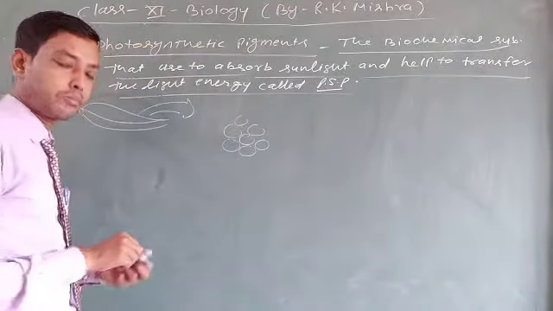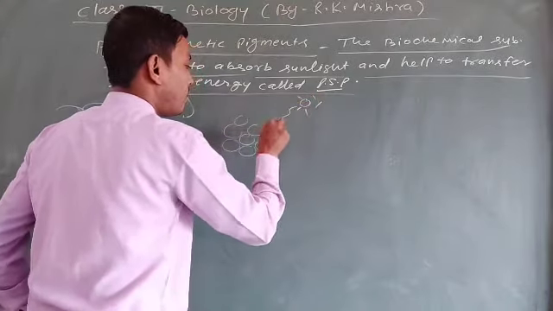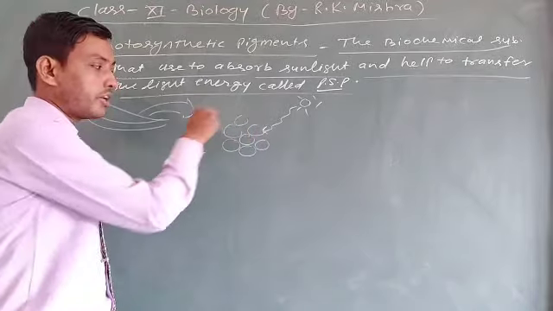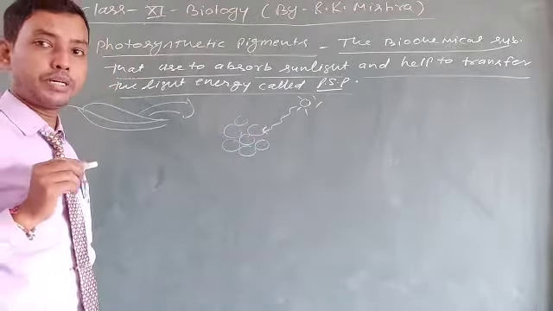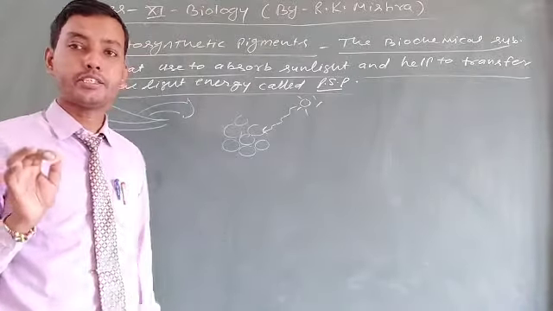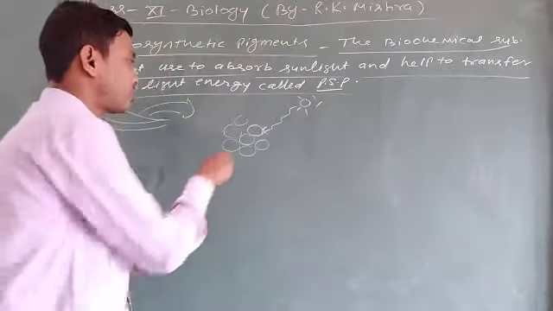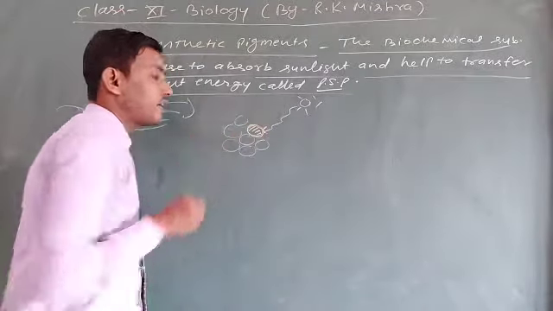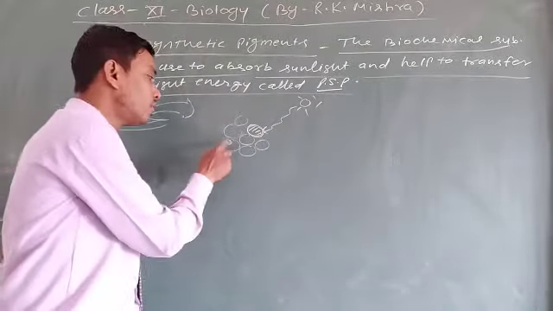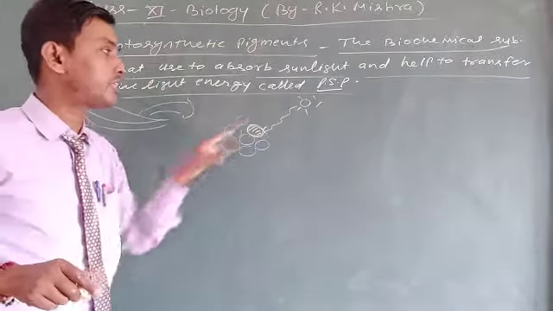If the sunlight falls on any of the photosynthetic pigments, then this phenomenon is known as absorption of light energy. Suppose this photosynthetic pigment is able to absorb and this one cannot, then how will this photosynthetic pigment get the light energy?